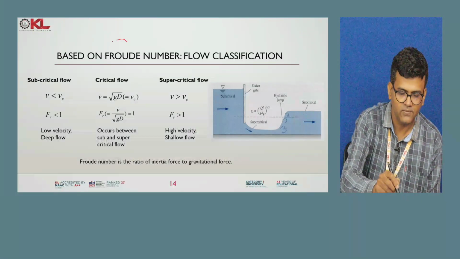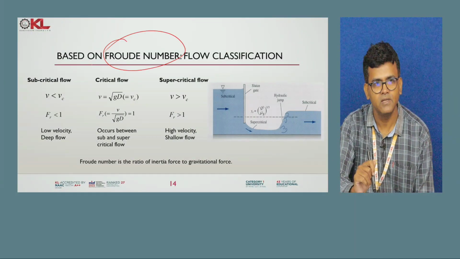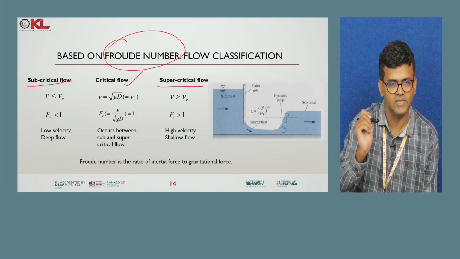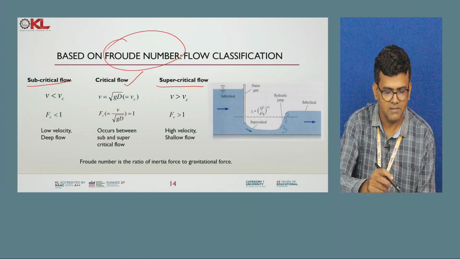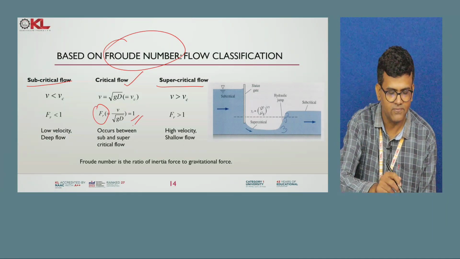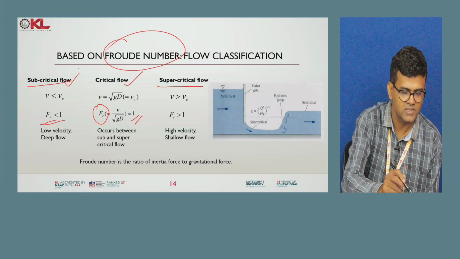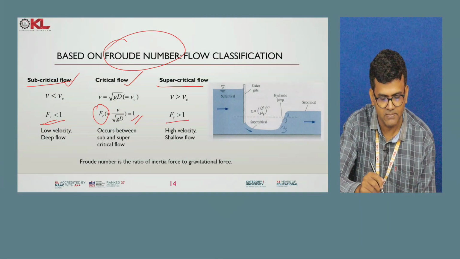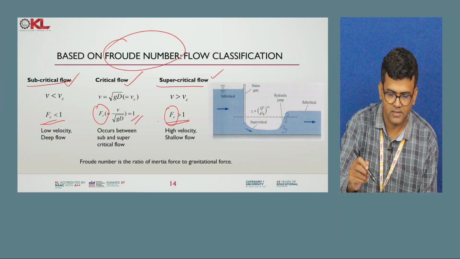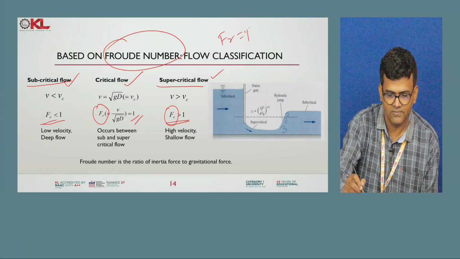Now based on the Froude number, flow may be critical, subcritical, or supercritical. If the Froude number is equal to 1, it is called the critical flow. If the Froude number is less than 1, it is called the subcritical flow. If the Froude number is greater than 1, it is called the supercritical flow. Fr represents the Froude number.